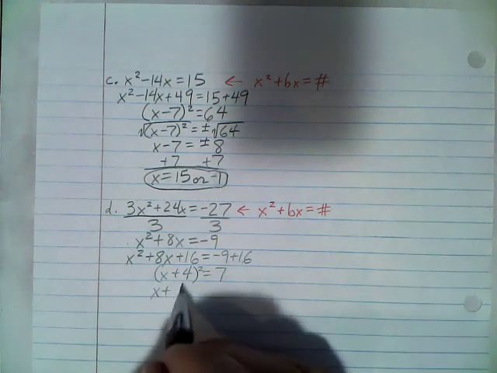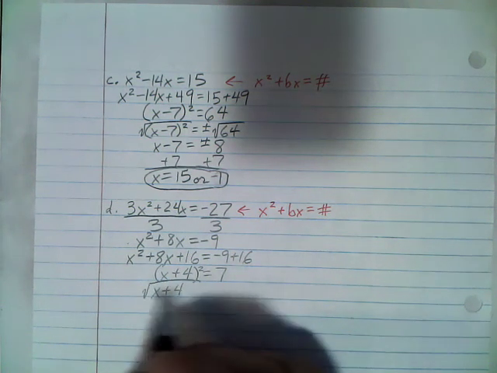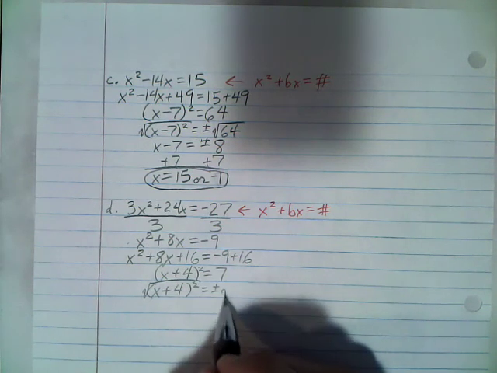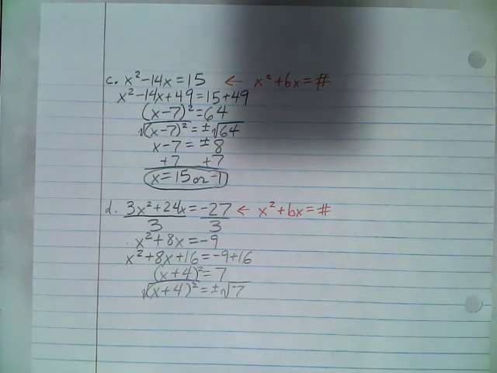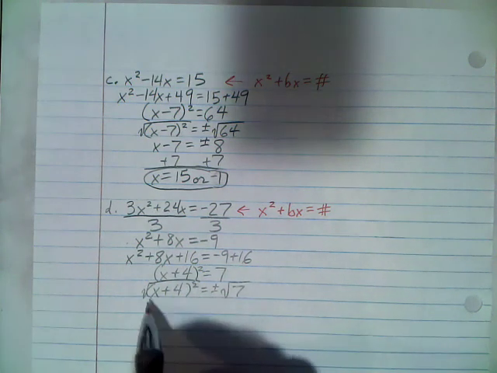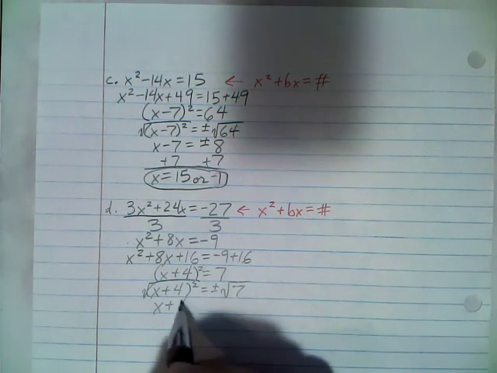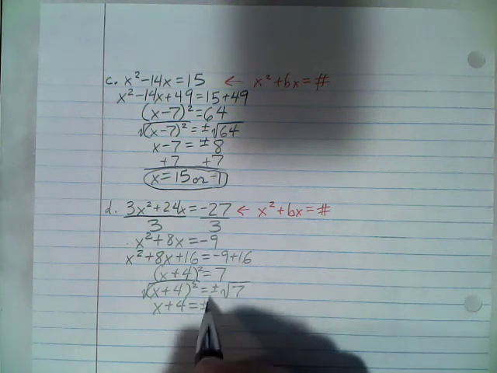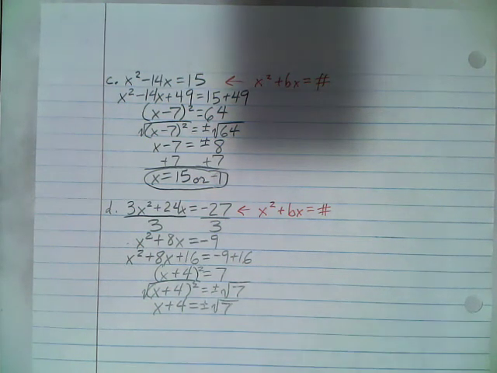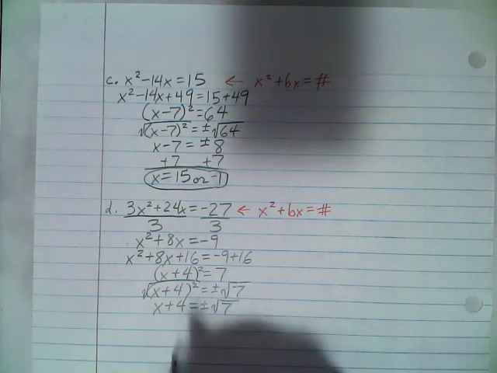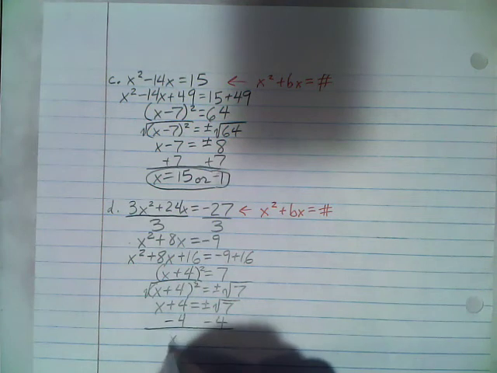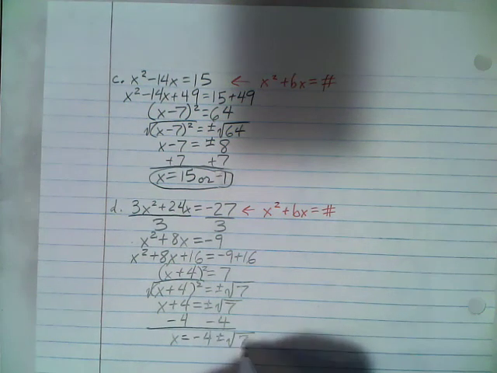So x plus 4, take the square root, and on the other side, true square root, plus or minus. And now if we simplify, I get x plus 4, and on the other side, plus or minus, well, square root of 7 doesn't have a nice answer, so we're going to leave it, radical 7. So if we subtract 4 on both sides, x therefore is a negative 4 plus or minus the square root of 7.